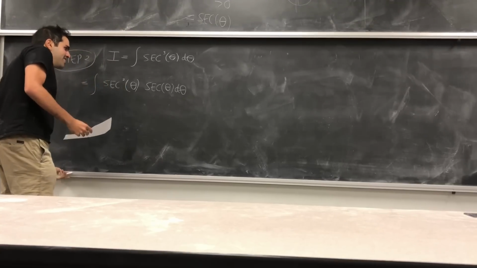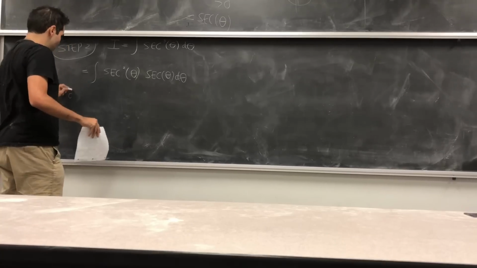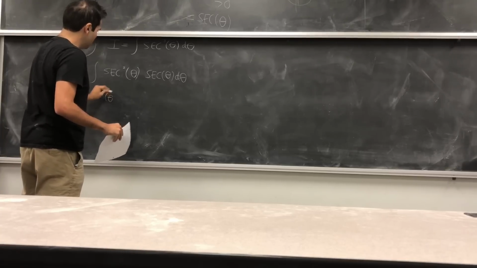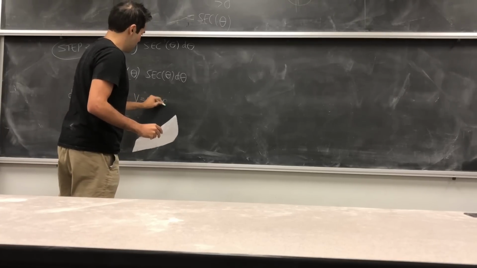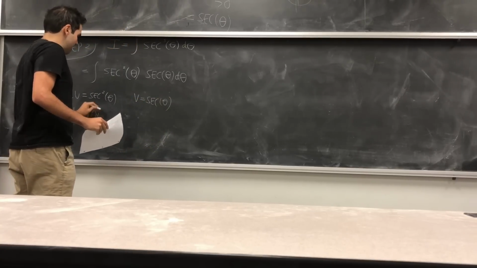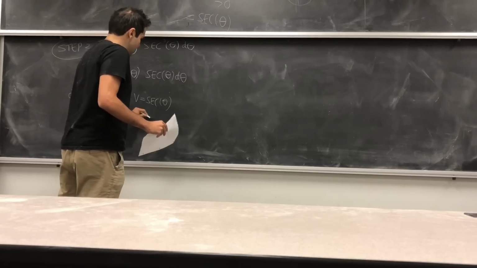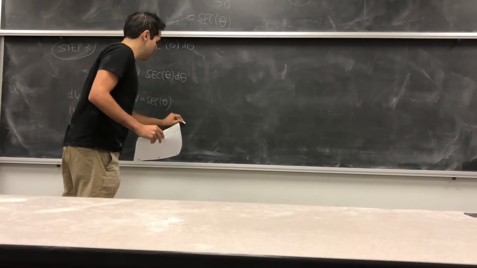So, integration by parts, don't break my heart. So dv is secant squared theta, u is secant of theta, v becomes the tangent of theta, and du is secant theta tangent theta.